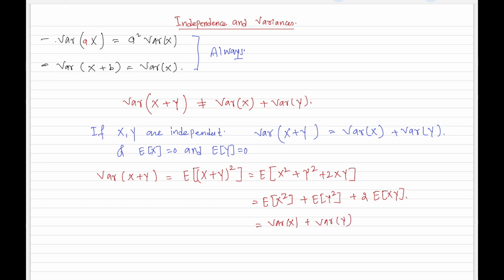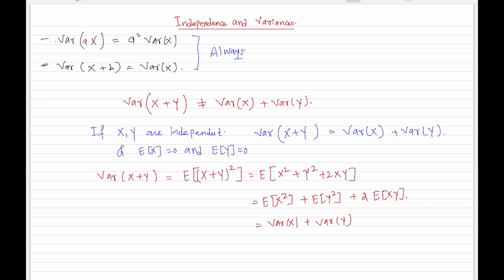And what will be this term? These two random variables are independent. In the last video we have seen that we can write this as the expectation of random variable x times the expectation of random variable y, and we have already assumed that the mean is 0, so overall this term will be 0.